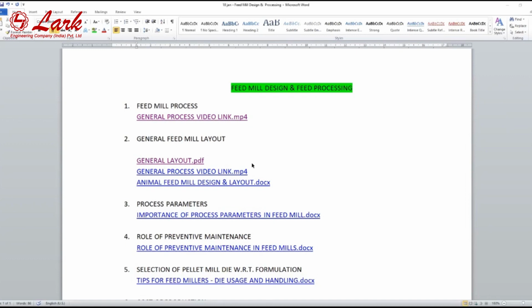So 180 into 26 into 1.5. So he needs to store 7,000 metric ton in his warehouse.